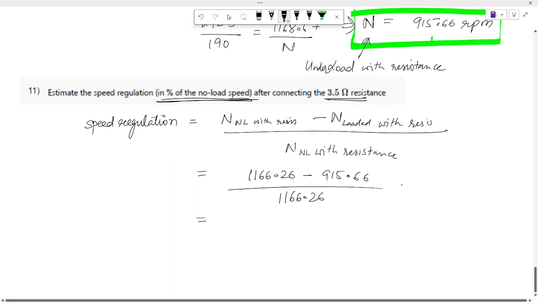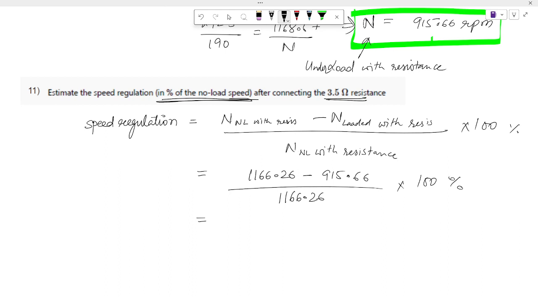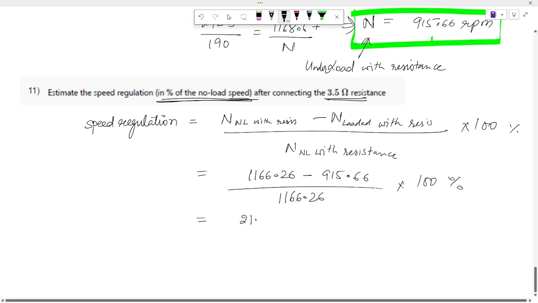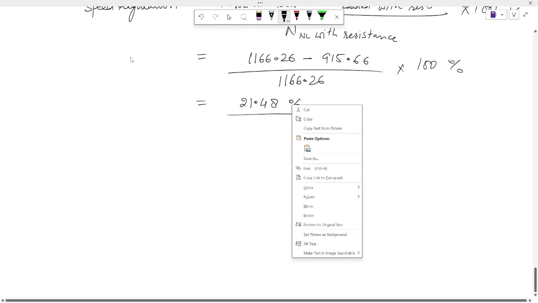Find out what is the percentage. 1166.26 minus 915.66, divided by 1166.26, is 21.48%. You understand?